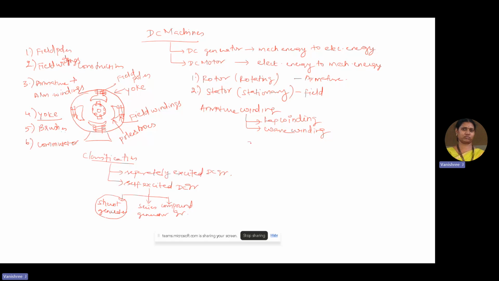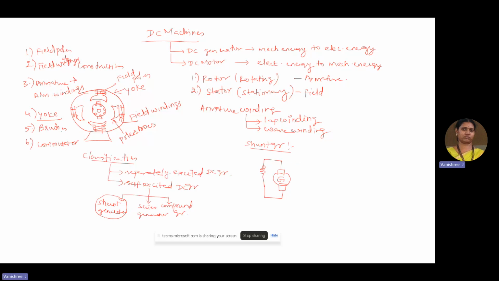So coming to the shunt generator, we represent the machine with a circle and with rectangular blocks on either end, denoting the brushes. If we mention G along with a solid bar below, it means that it is a DC generator. Then we have the field winding, which is parallel to the armature.